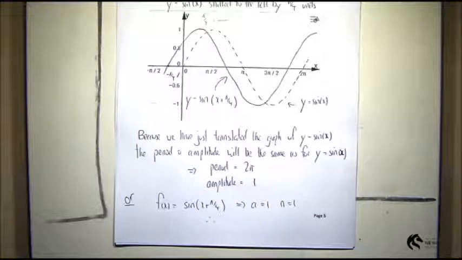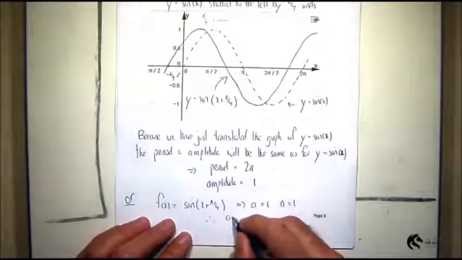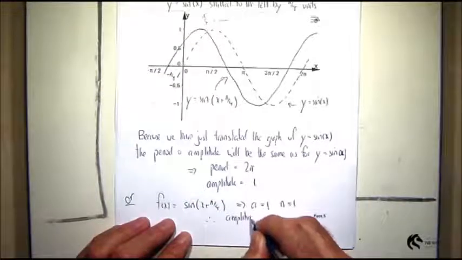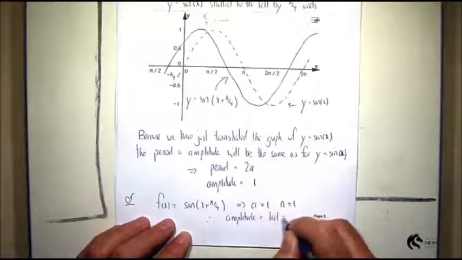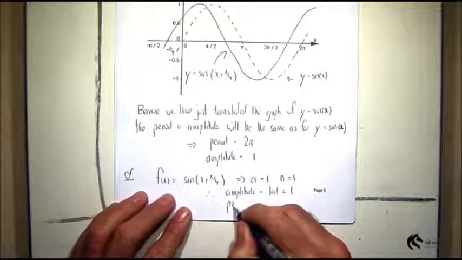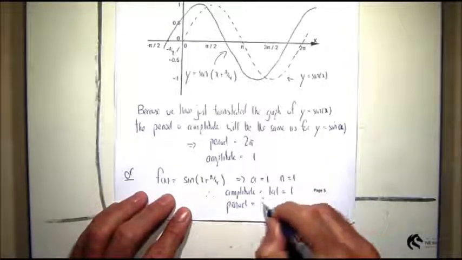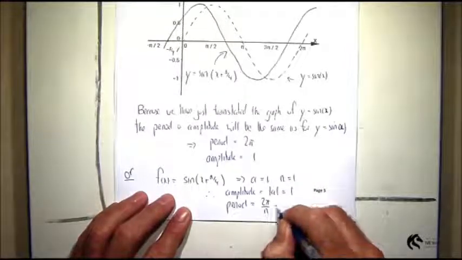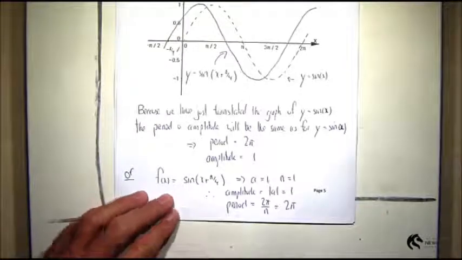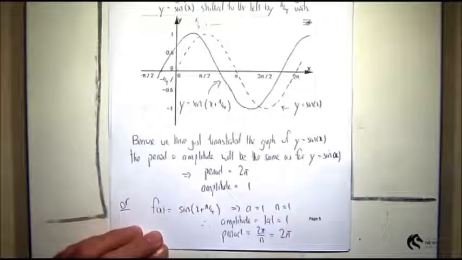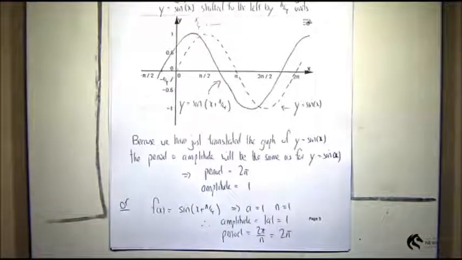The period is 2 pi divided by n. 2 pi divided by 1 is 2 pi. So you can read it straight off from the formula. So therefore amplitude equals the absolute value of a, which is 1, and the period is 2 pi on n, which is 2 pi. And so we get the same in each case. And we're happy with that.